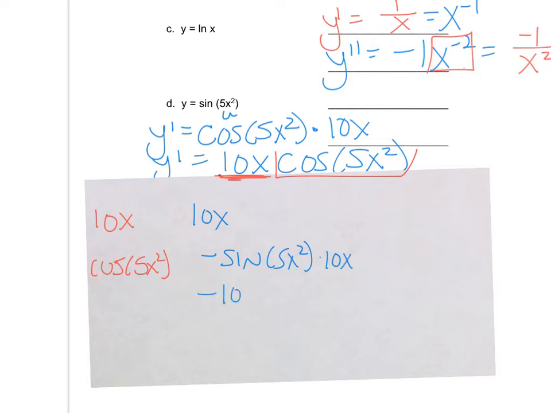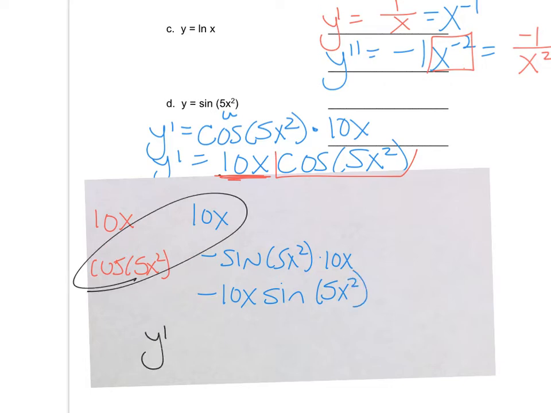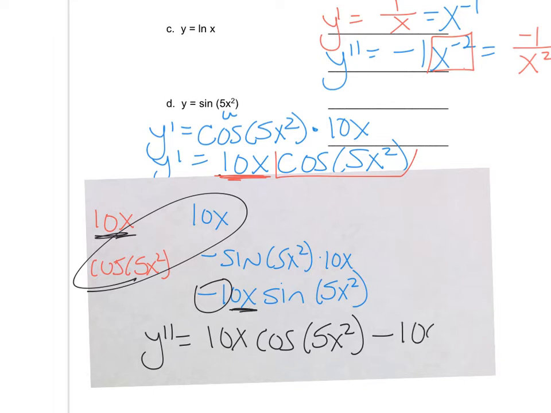So this is negative 10x sine of 5x squared. And we're going to multiply this way. So the second derivative is 10x cosine of 5x squared. And then we're going to do plus, but we're going to get a negative. So I'm just going to do minus 10x times 10x is 100x squared sine of 5x squared.